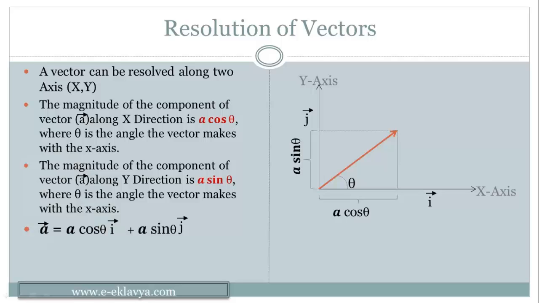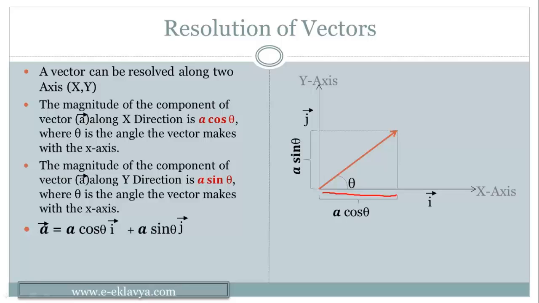How do we get the magnitude along the x direction as a cos theta? We get it simply by the basic formula of trigonometry: base and hypotenuse, their ratio gives cos theta, right?